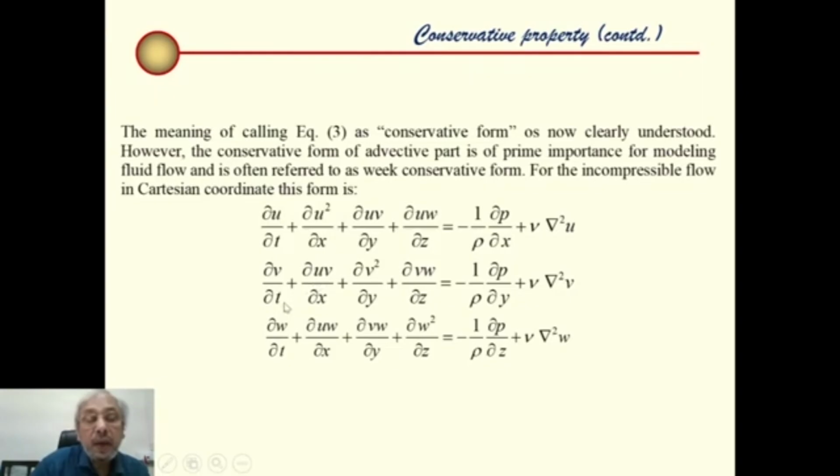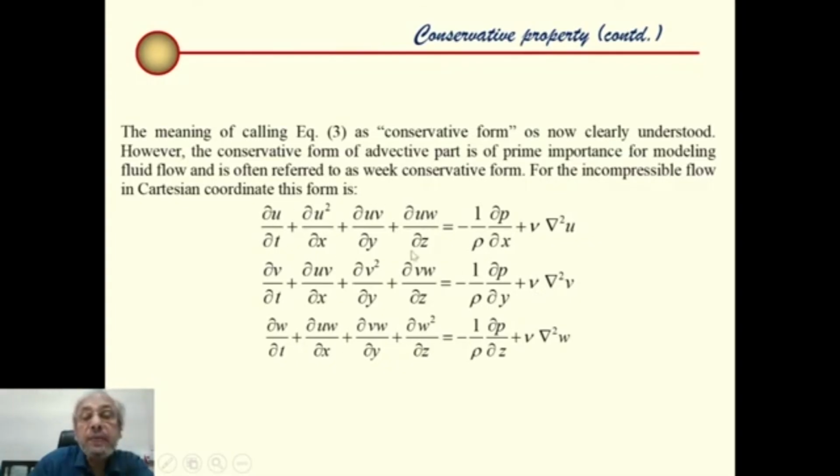Similarly, for the y momentum equation, our non-conservative form is del v del t plus u del v del x plus v del v del y plus w del v del z. Instead of that, we will write del v del t plus del x of uv, del y of v square, and del z of vw. The right hand side we are not touching.